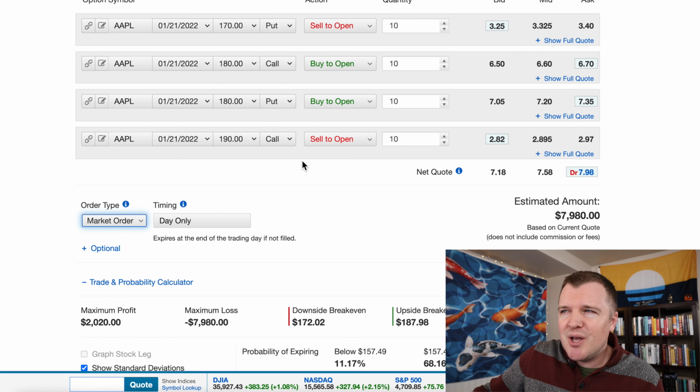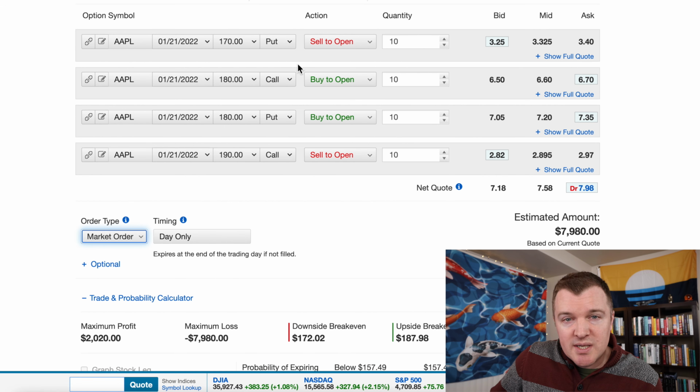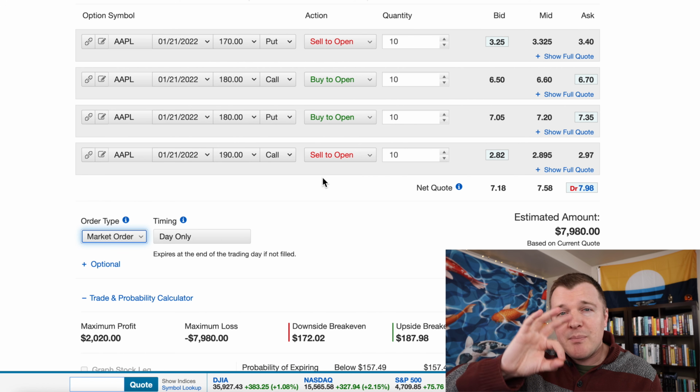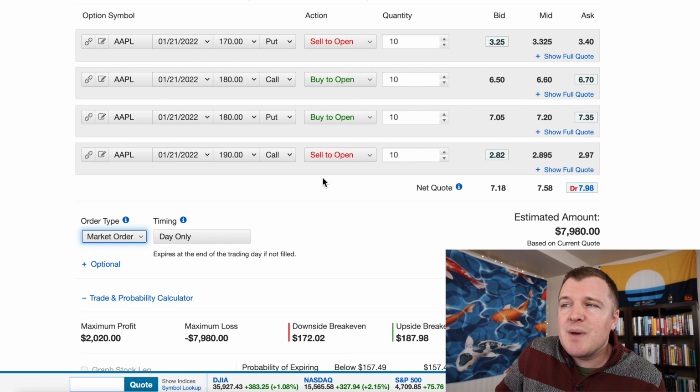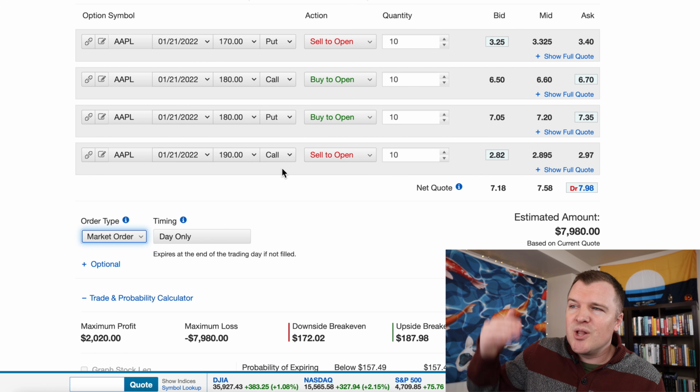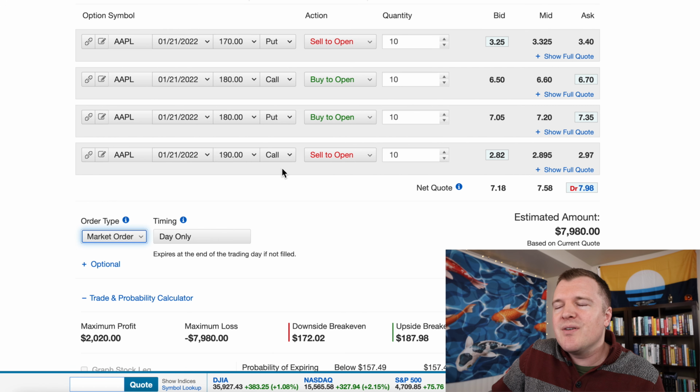It drops below that 170 on the put side. I can close this leg for a profit and let this leg continue on. And maybe a couple days later, Apple shoots back. Even if it gets back to the at the money 180 strike, I can then close this for more profit than I would have if I held it till expiration or I sold it when I got out of the put side leg of the trade.